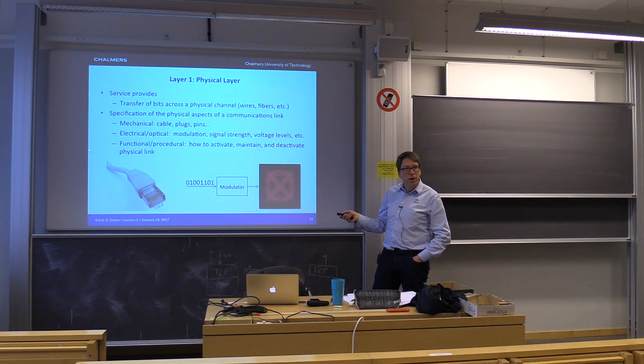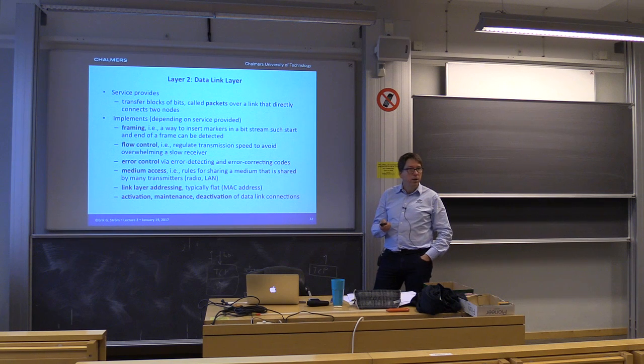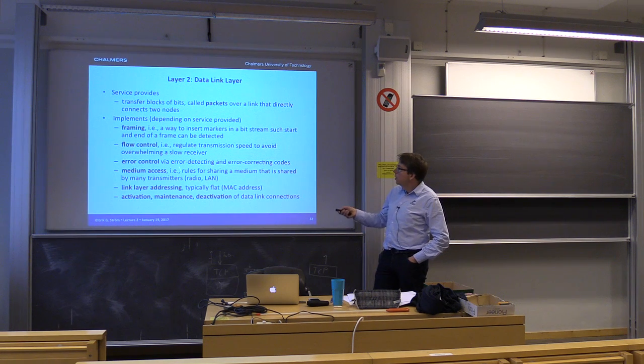There is a physical layer at the bottom of the protocol stack. It's responsible for transmitting bits. It's very different depending on the type of media we have, if it's fiber optic cables or radio. The data link layer is to organize transmission of packets of bits, and it needs to perform some services in order to do this: framing, flow control, error control, medium access, addressing, activation, maintenance, and deactivation of links.